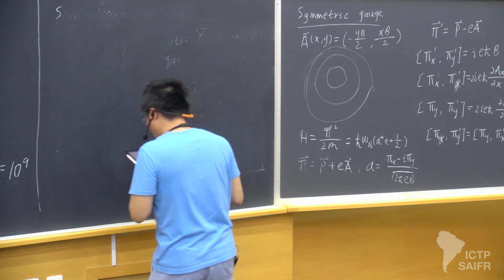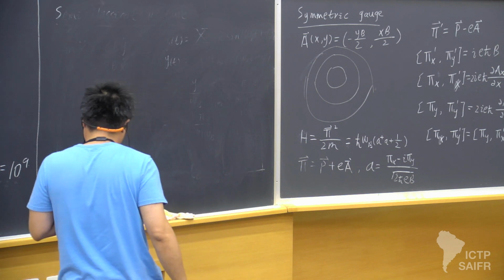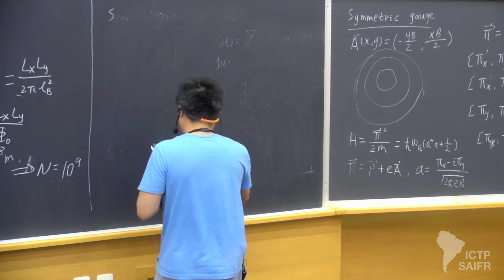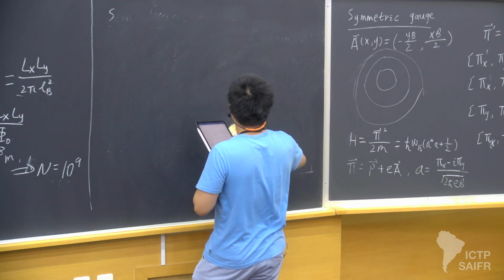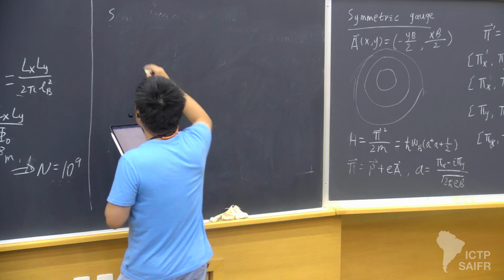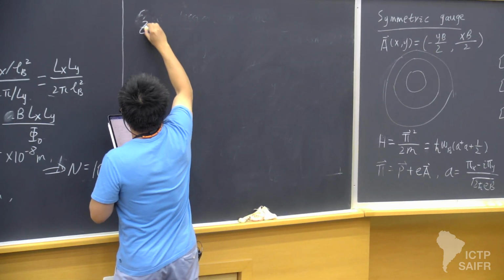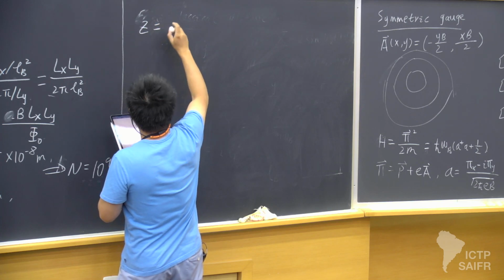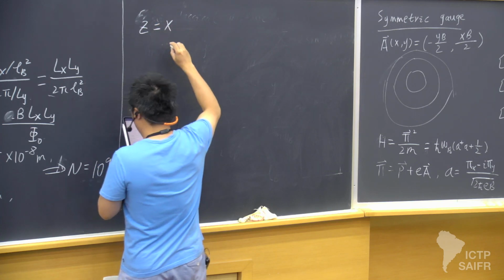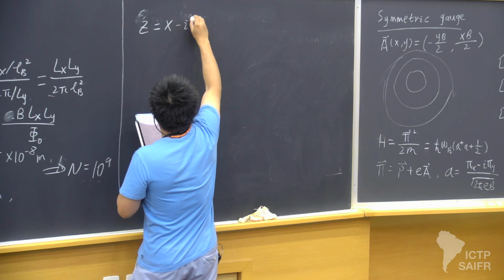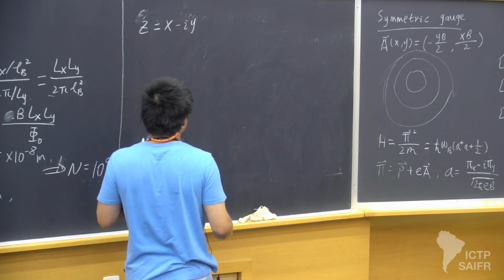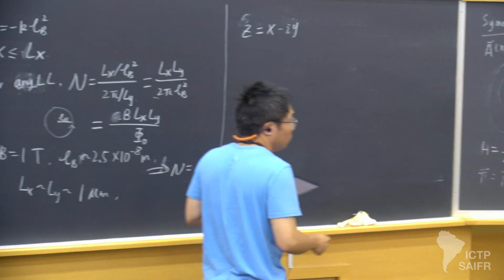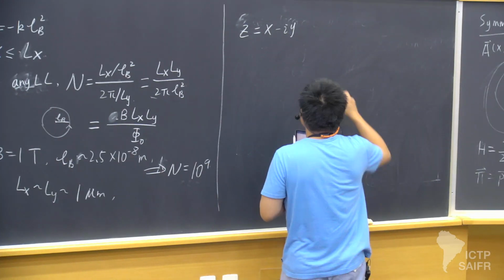So it would be more convenient to introduce a complex variable that I called z, and z bar, which I define as z equals x minus iy. It's slightly different from what you usually do in complex analysis.